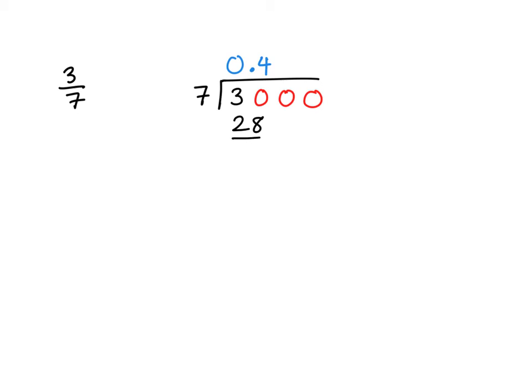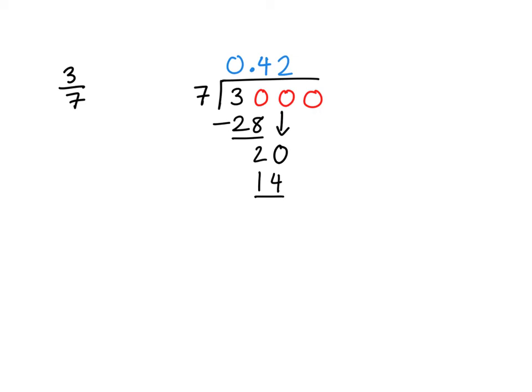And now you can see that the remainder will be 2, because 30 take away 28 is 2. Now we bring down the second 0 here, and we ask ourselves, how many 7s go into 20? Well, clearly there are 2 lots of 7 that will go into 20, and the remainder will be 6.